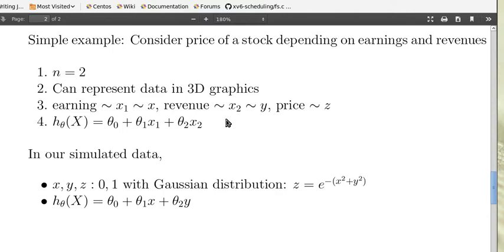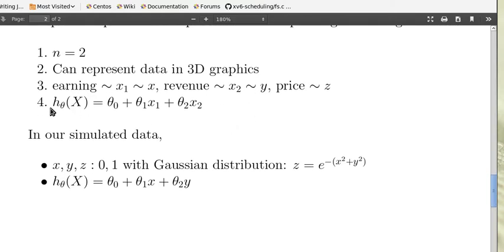The revenue is x2, can be represented by y, and the price, the output, is z. So in the 3D graphics, we have x, y, z to represent the inputs x, y, and the output z. So our hypothesis, with n equals 2, will be theta 0 plus theta 1 x1 plus theta 2 x2.